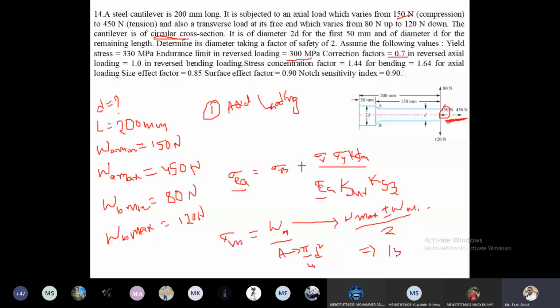150 by pi by 4 into d square. So you will get the answer in terms of d square. 150 by pi by 4 into d square, how much?